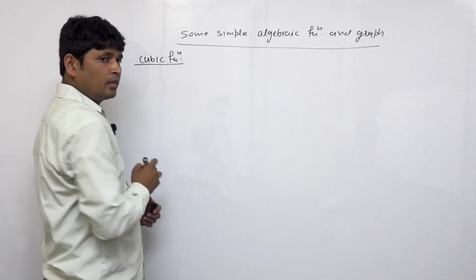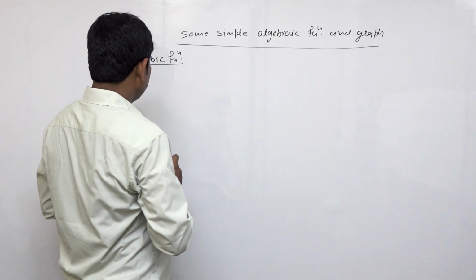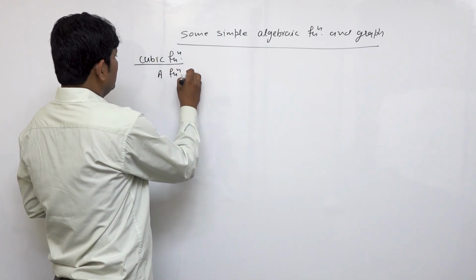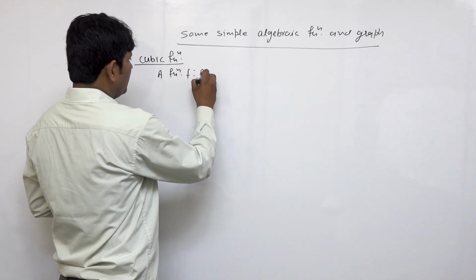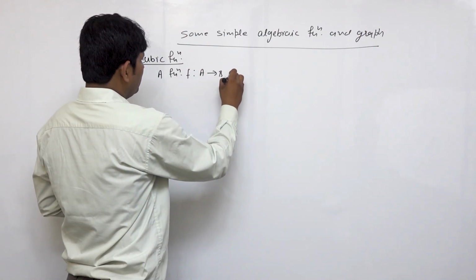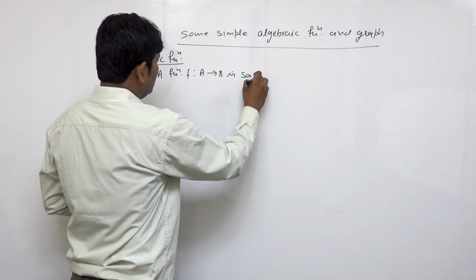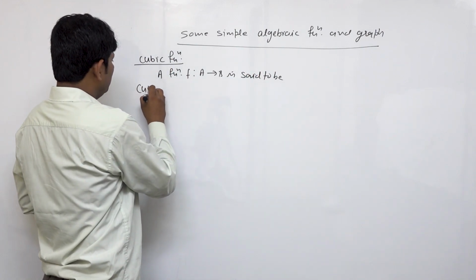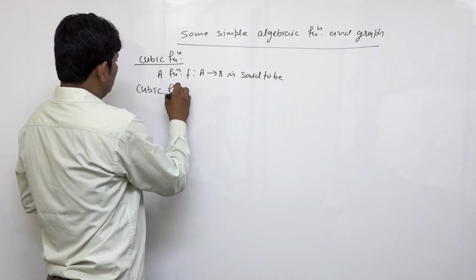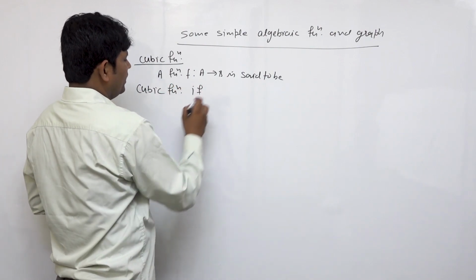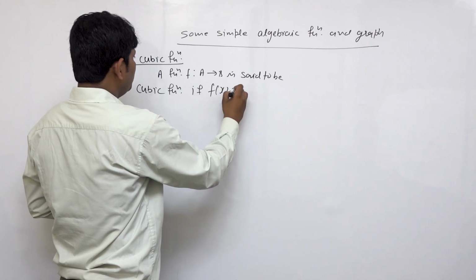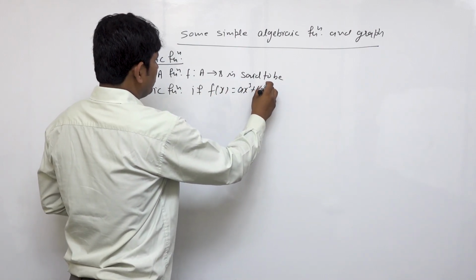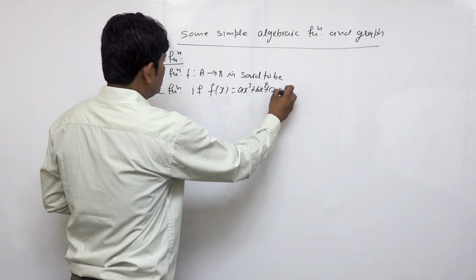Cubic function. In a cubic function, a function f defined from a to b is said to be a cubic function if f(x) is in the form of ax cube plus bx square plus cx plus d.